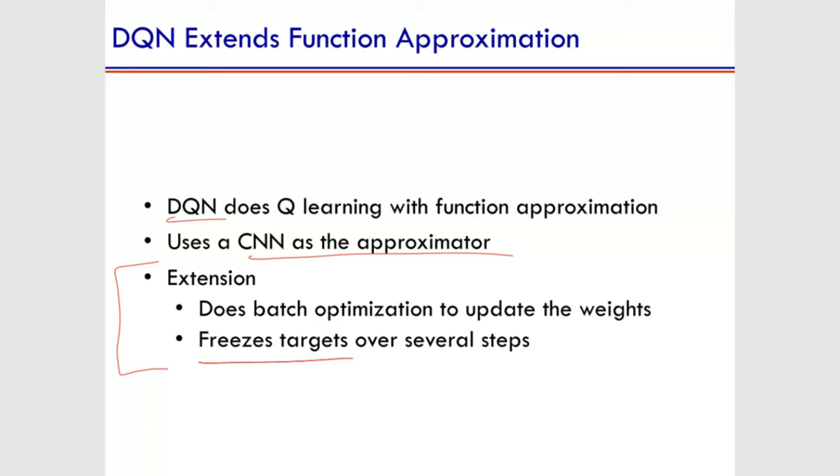I guess the batch part is the experience replay part, and freezing the targets is the second property. So far we've seen Q-learning as some update equation. We're going to change it to a supervised learning style problem, and that will have these two additional features: experience replay and freezing targets.